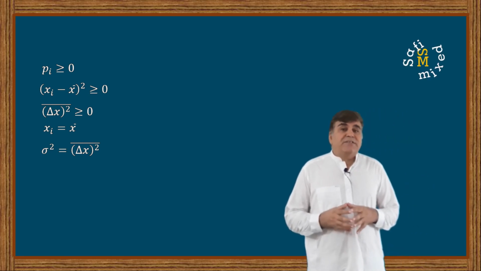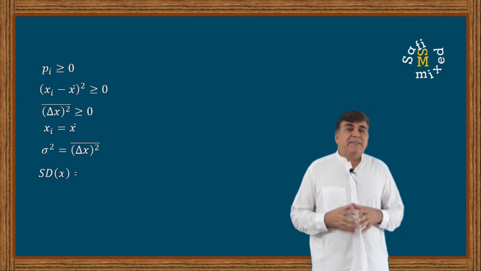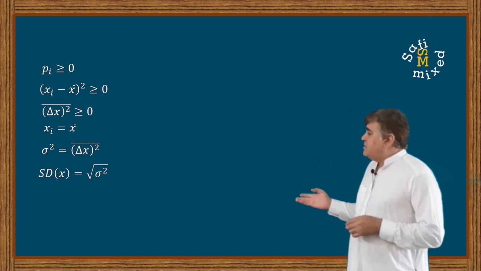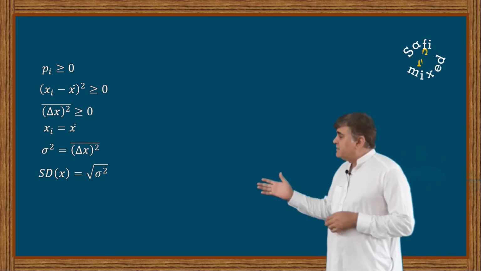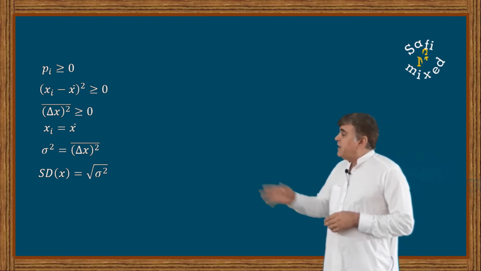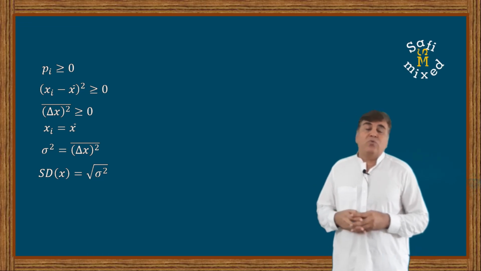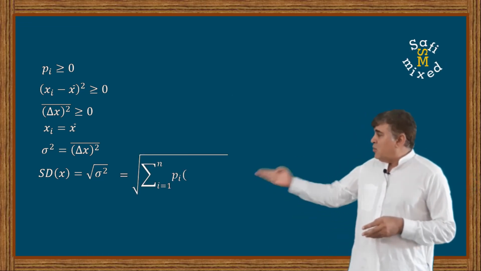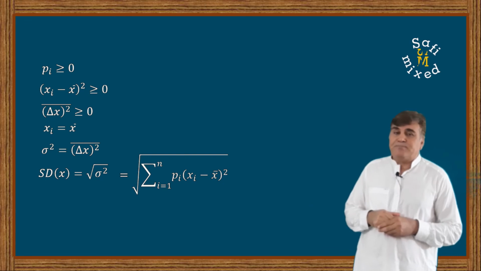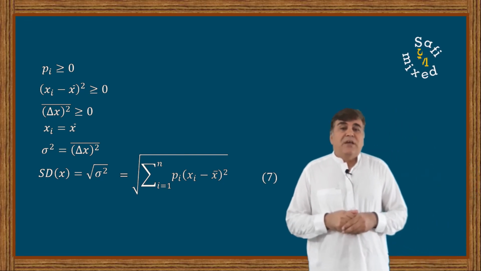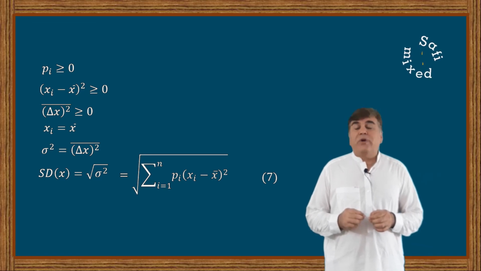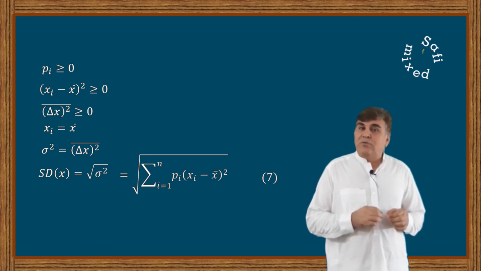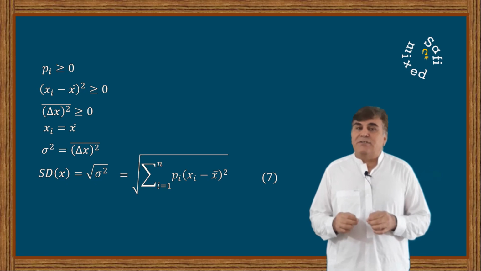That is, the standard deviation of x is given by SD of x equals square root of the variance, which is in fact equal to the square root of this whole summation. Equation 7 defines the standard deviation, which is measured in the unit of the physical quantity x.